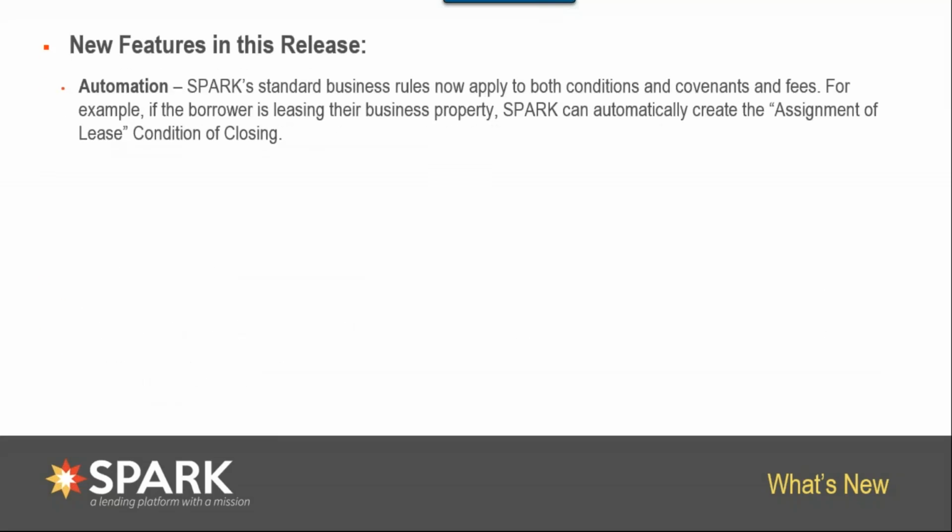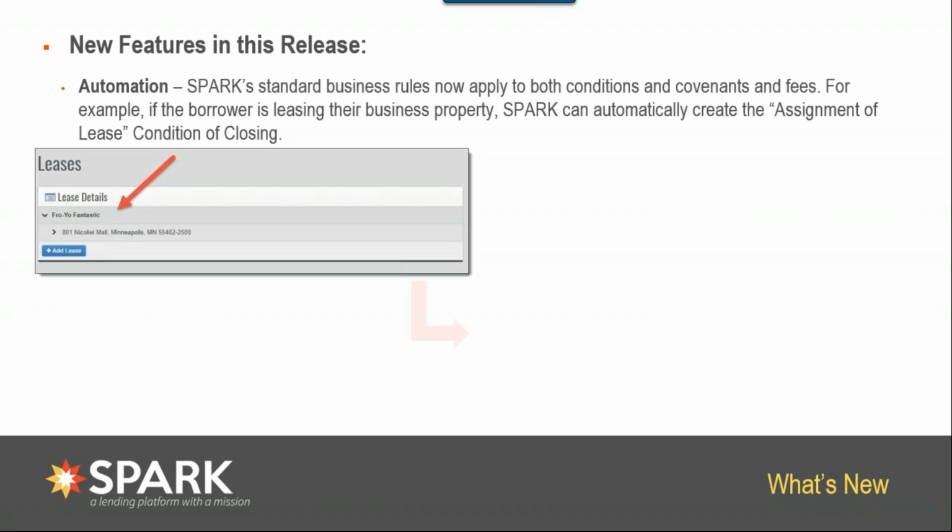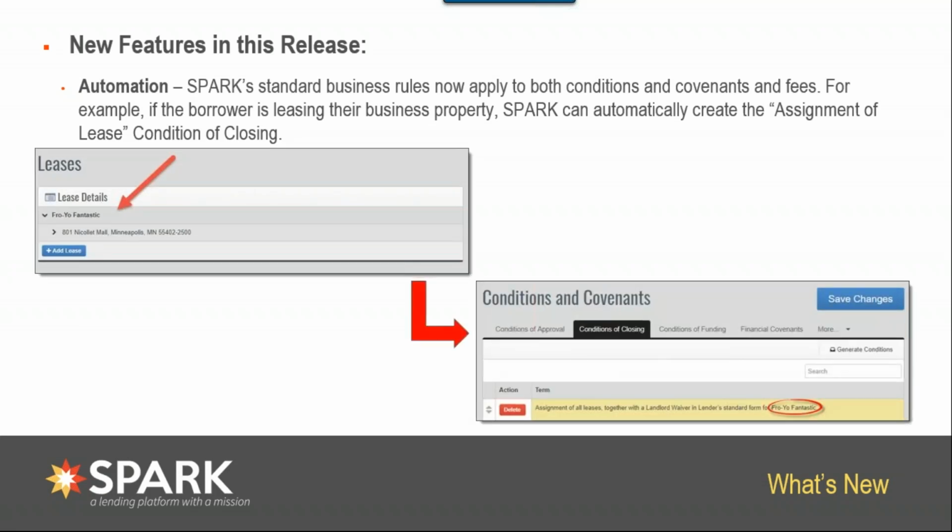We also have some new automation, which you all should be very excited about, because this is related to our conditions and covenants. If you have a specific, let's say, lease on a loan package and you want an automatic condition and covenant to appear for that lease, we can now create that using our Spark strategies that we use for our document creation.